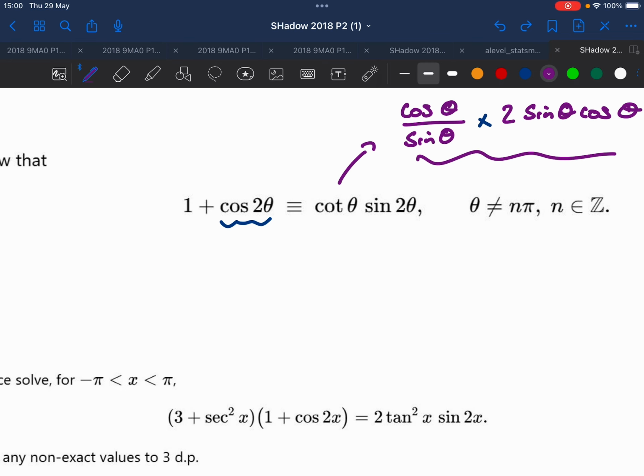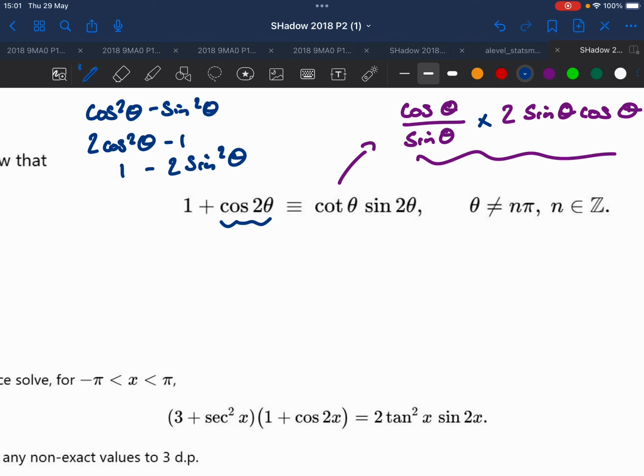It's a bit tricky with cos 2 theta, because for cos 2 theta, there's multiple versions you could use. You can use cos squared theta minus sine squared theta, 2 cos squared theta minus 1, or 1 minus 2 sine squared theta. So I'm just thinking about which one here might suit me best, because there's not a lot to go off on the left-hand side.